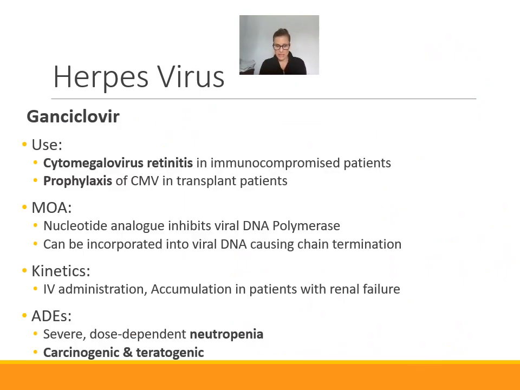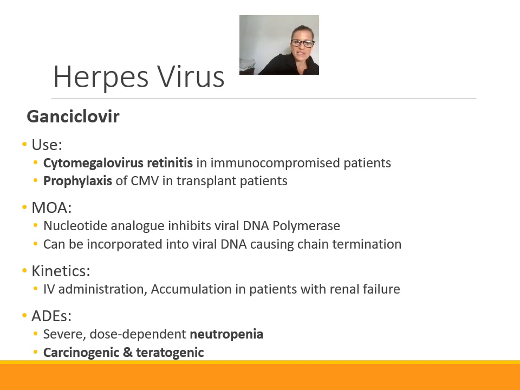Ganciclovir I just mentioned because it's the one that has to maintain access, venous access, because it's got to be given regularly. But Ganciclovir is an analog of acyclovir, so it's structurally similar to acyclovir, but it has much greater activity against CMV. So that's specifically where we use Ganciclovir, is in CMV.